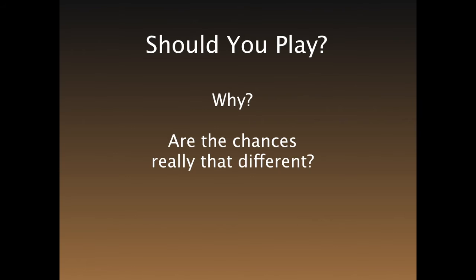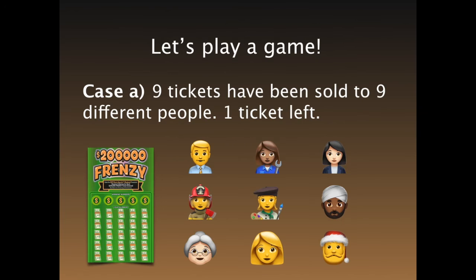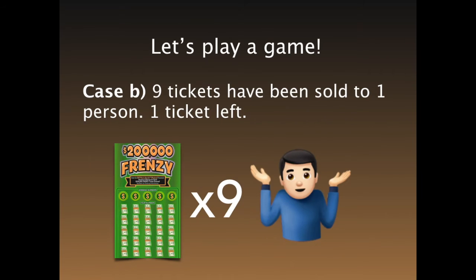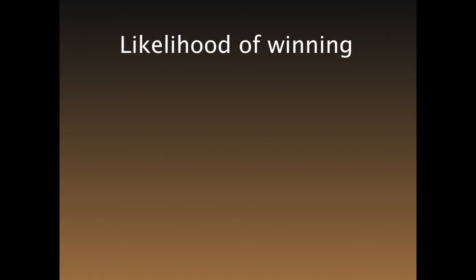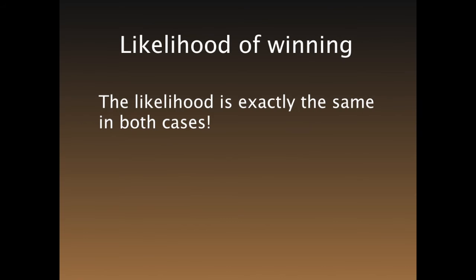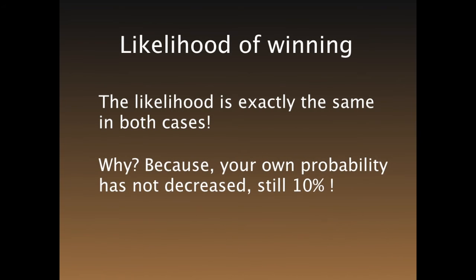Is there really a difference in your likelihood of winning between case A and case B? The likelihood of winning is actually the same in both cases. Why? Because your own probability of winning has not decreased in case B. It is still 10%. It doesn't matter that 1 person owns 9 tickets, because your own chances are still the same.